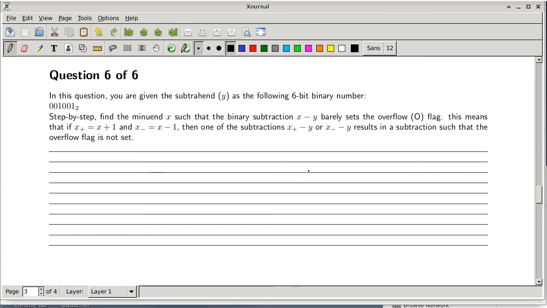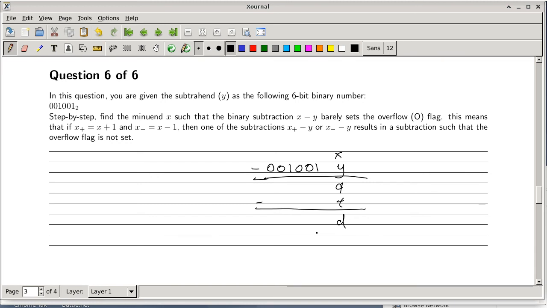So this particular one has Y being 001001 in base 2. X is unknown. This is a subtraction. This is another subtraction. We have Q, T, and D. All right. And this is all we know. But we also know one thing. We are setting the overflow flag, right?